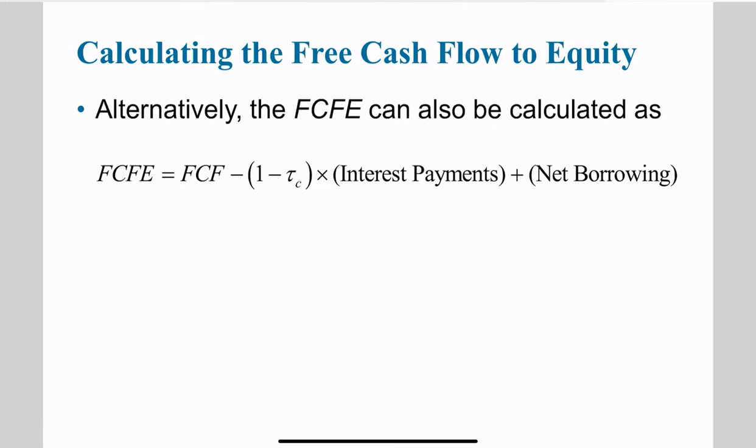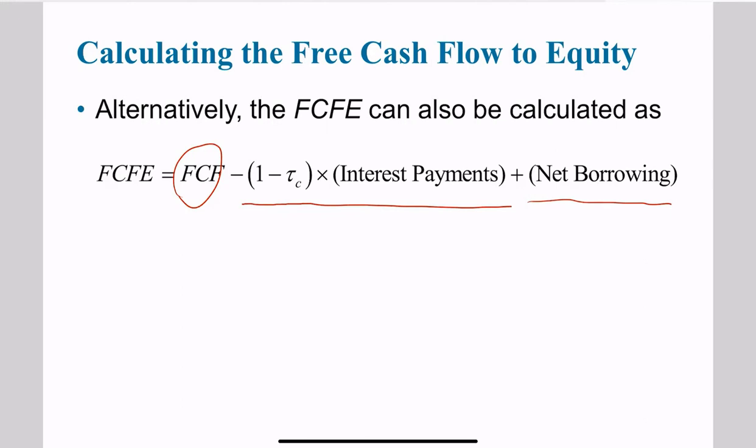So basically we can adjust from free cash flow, right? So we will start from free cash flow, and we will minus the after-tax cost of interest payment, and we will plus net borrowing.